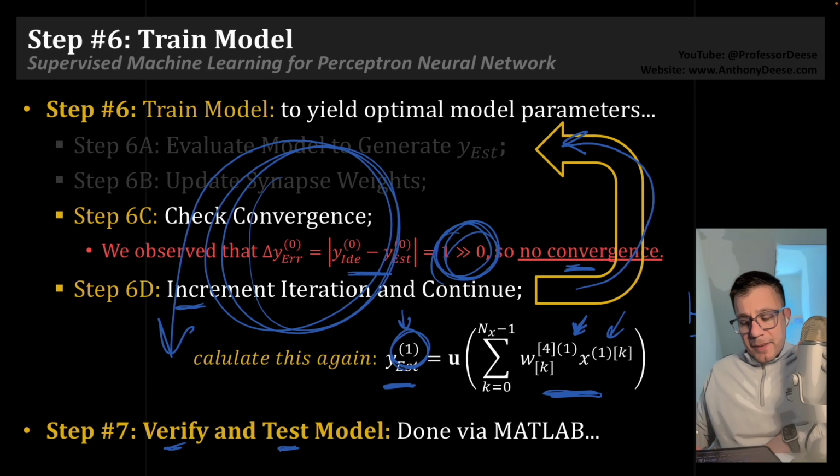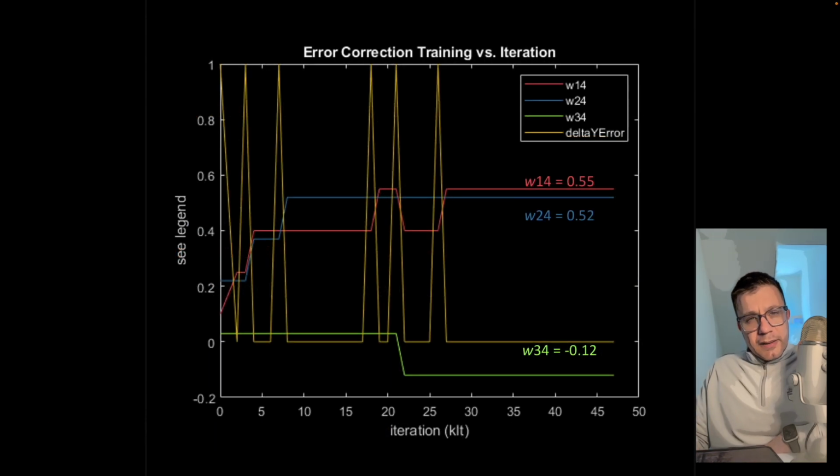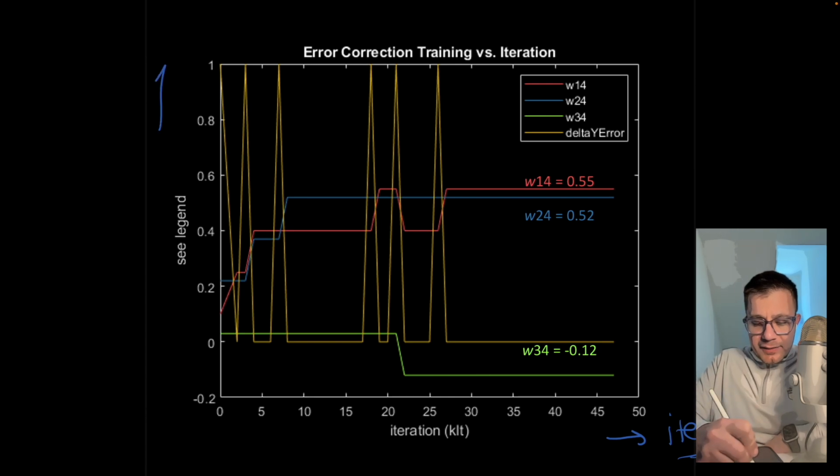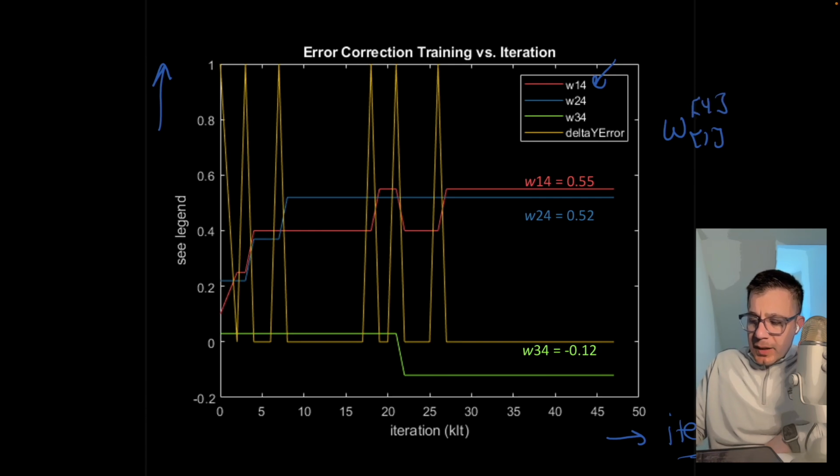And this will be done via MATLAB. So here is a graph generated by MATLAB, and it shows the training process. On the x-axis, you have the iteration. On the y-axis, you have several values. So the red line is the synapse weight between 1 and 4. The blue line is the synapse weight between 2 and 4.